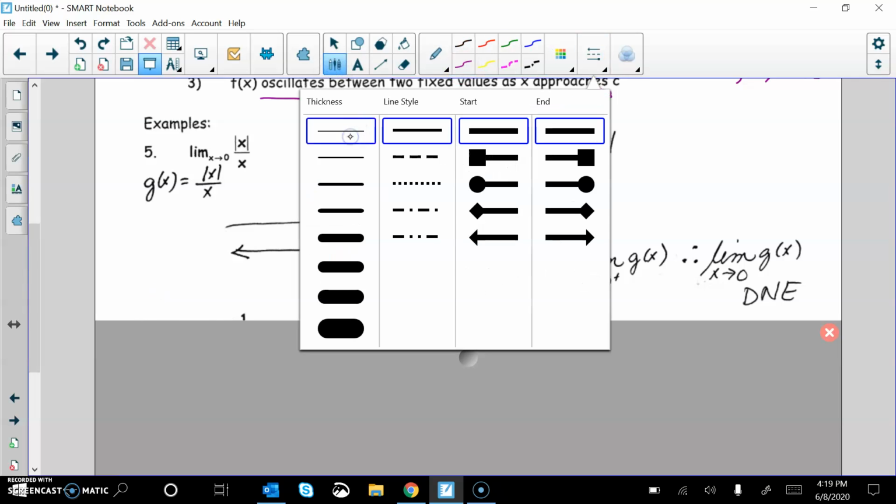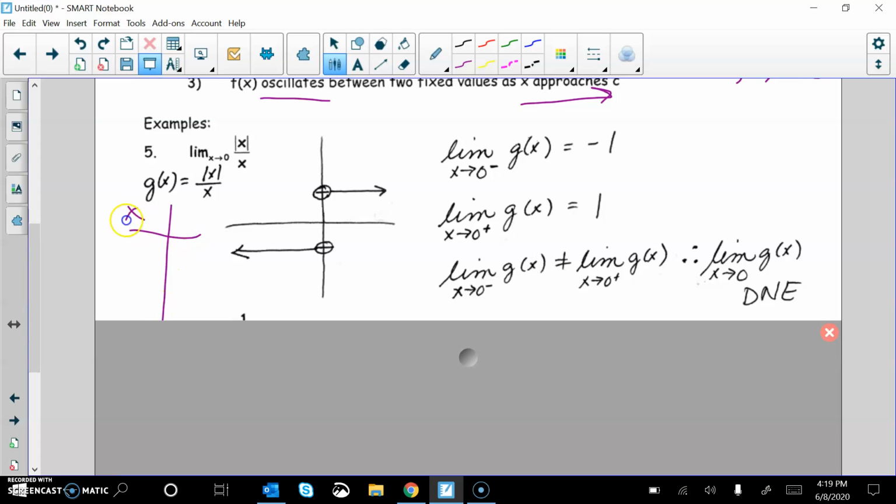I don't know why I was thinking 2 for some reason. So plugging in 0 is undefined. Plug in something just behind it, like -0.0001, and something right above it, like 0.001 positive. In this case, you're going to get -1 on the left, and over here, you're going to get +1.